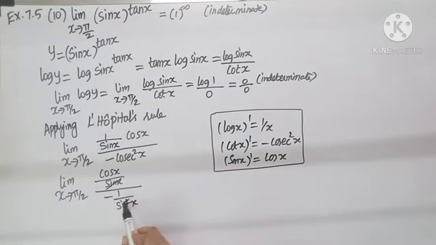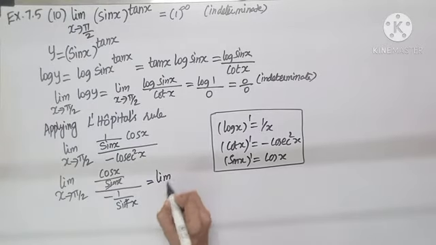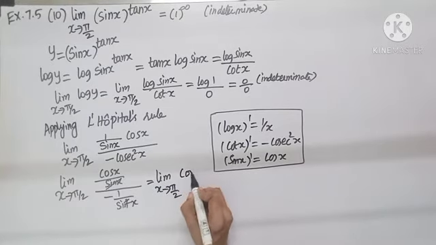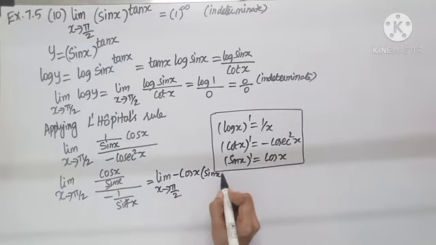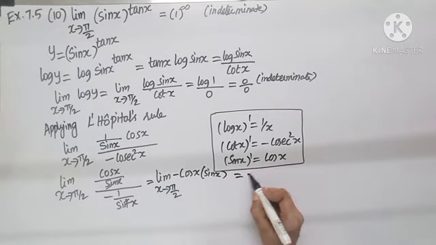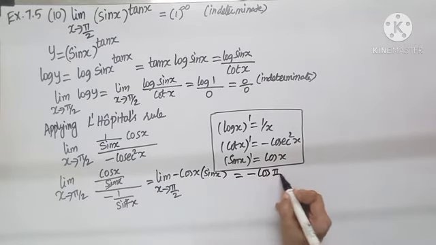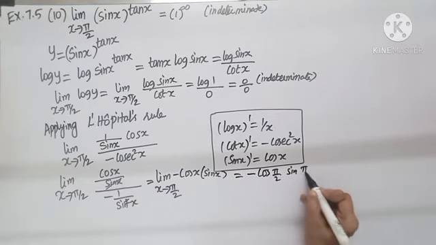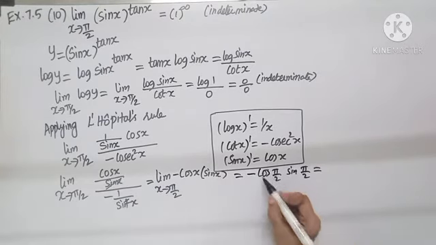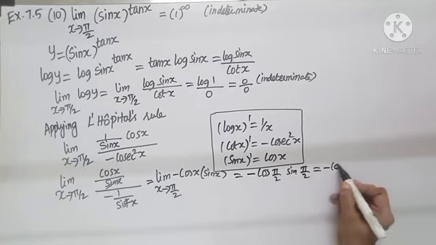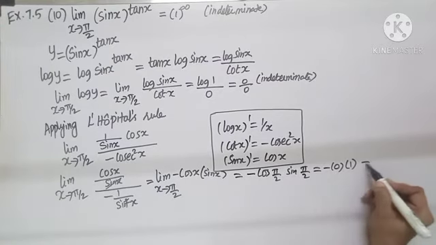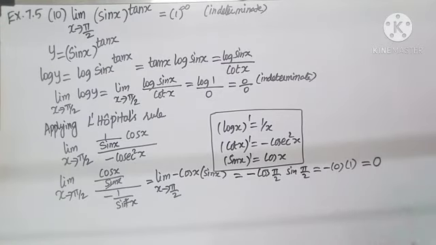Sin and sin square will get cancelled. Reciprocating, limit x tends to pi by 2 cos x, this goes up, so it is minus sin x. As I apply the limit, minus cos pi by 2 sin pi by 2. Cos pi by 2 is 0, sin pi by 2 is 1. Together they become 0.